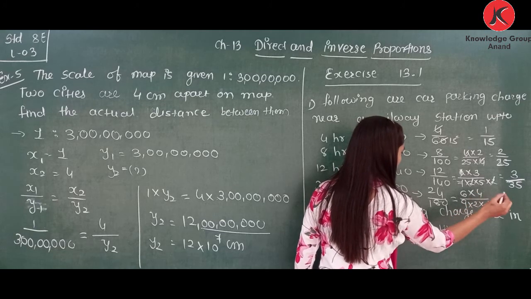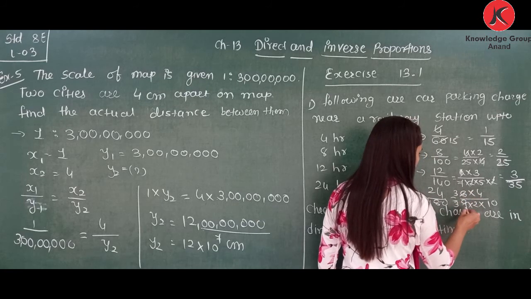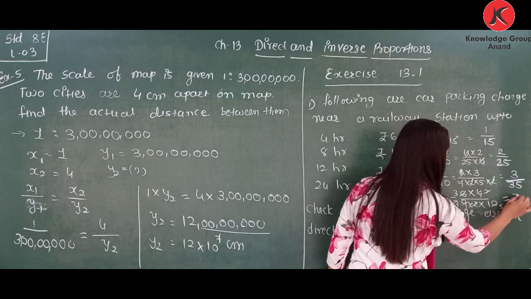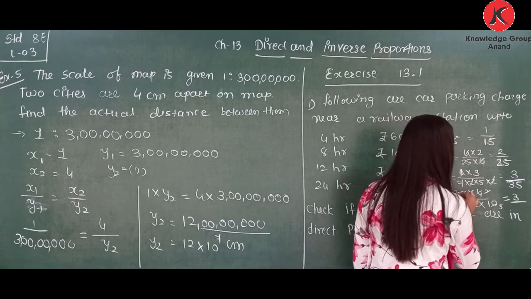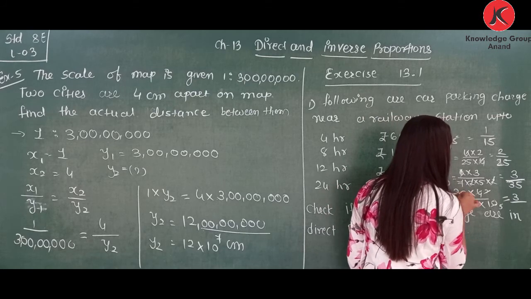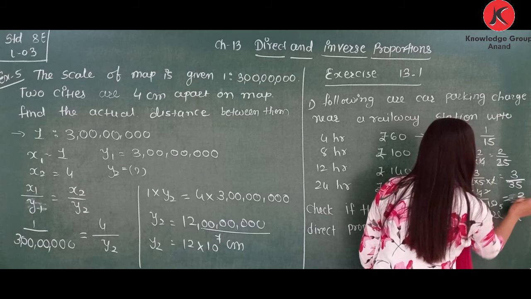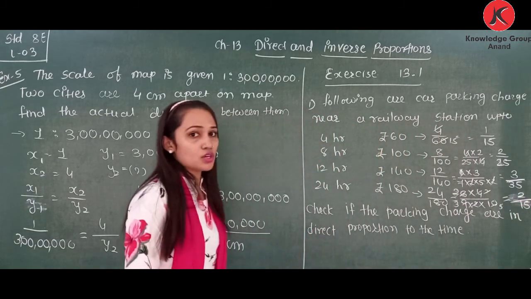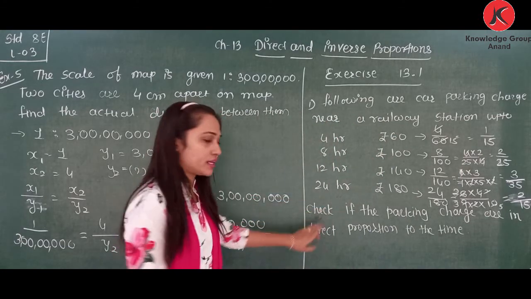So it is 3 2s are 6, 3 3s are 9, it is 3 by 35, and here we have 4, 2 by 25. So the ratios are different, that's why it is not in direct proportion.